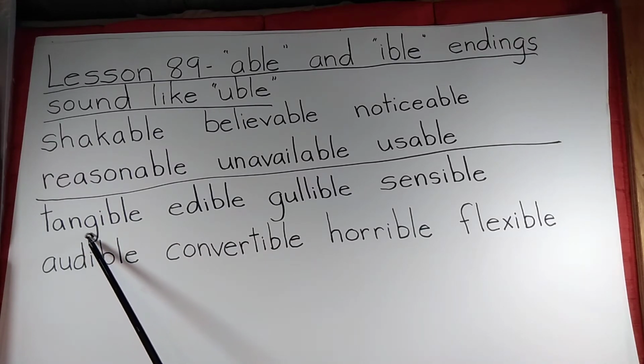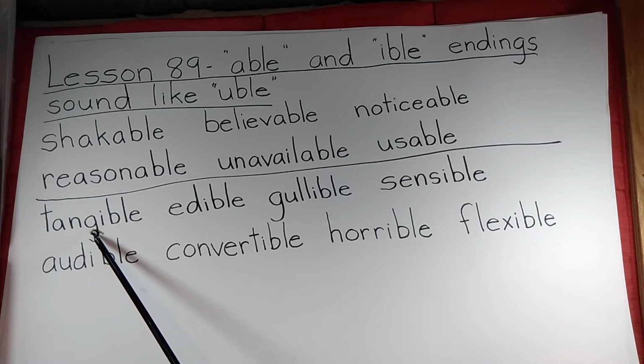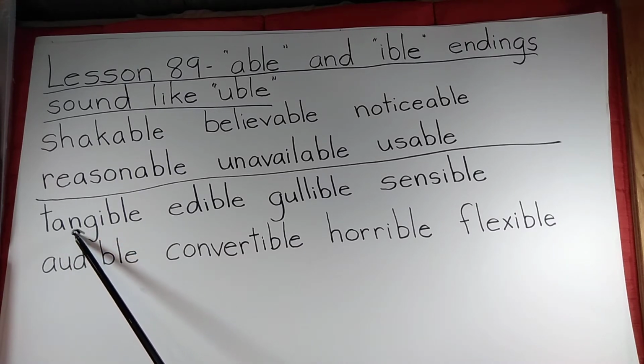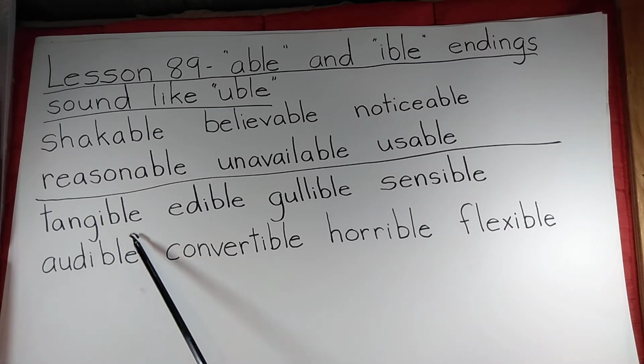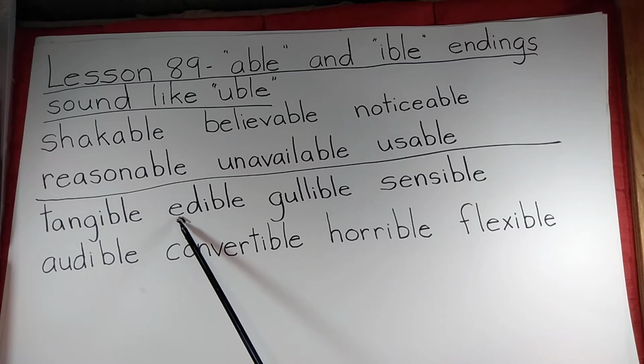Tangible has the NG combination, which is usually ng. So we normally think of this as tangible, but it's not pronounced that way. Sometimes the combinations don't work the way they normally would. So that's English for you. Sometimes tricky. Next one.